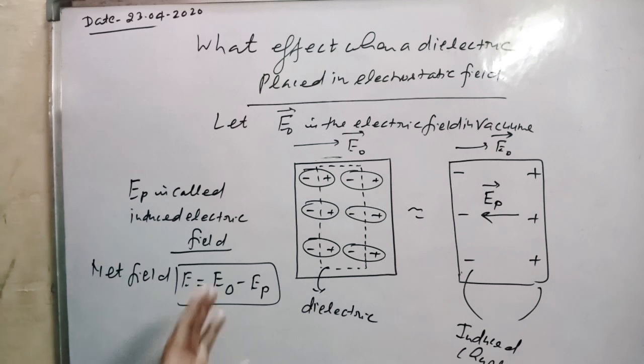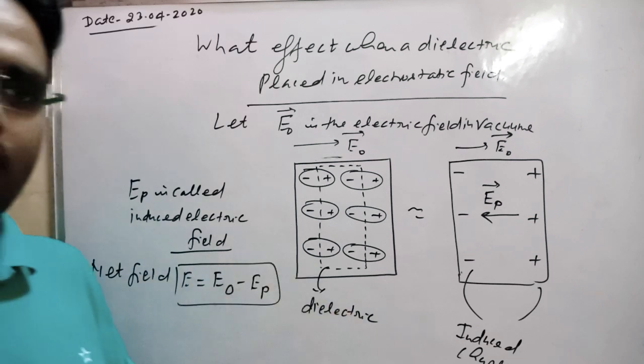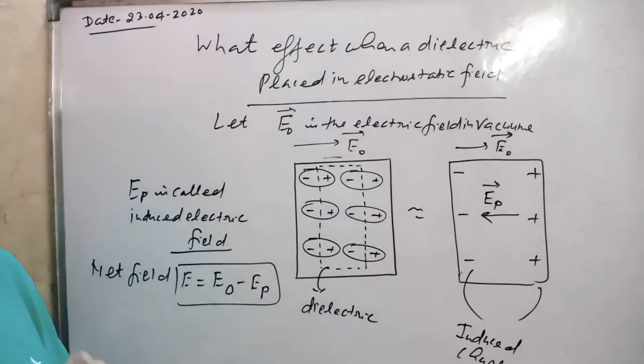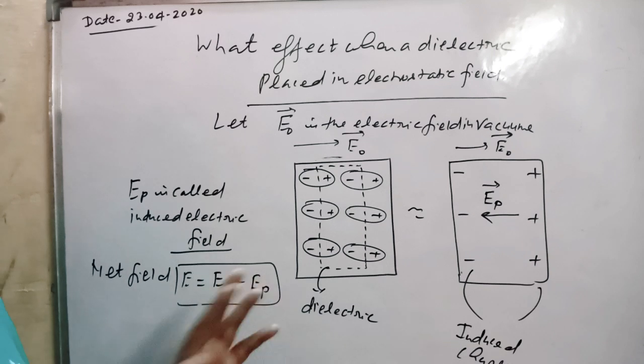From the above explanation, it is found that when a dielectric is placed in an electrostatic field, an induced electric field is produced inside the dielectric which is opposite to the applied external field. That means the net field is equal to E naught minus EP.